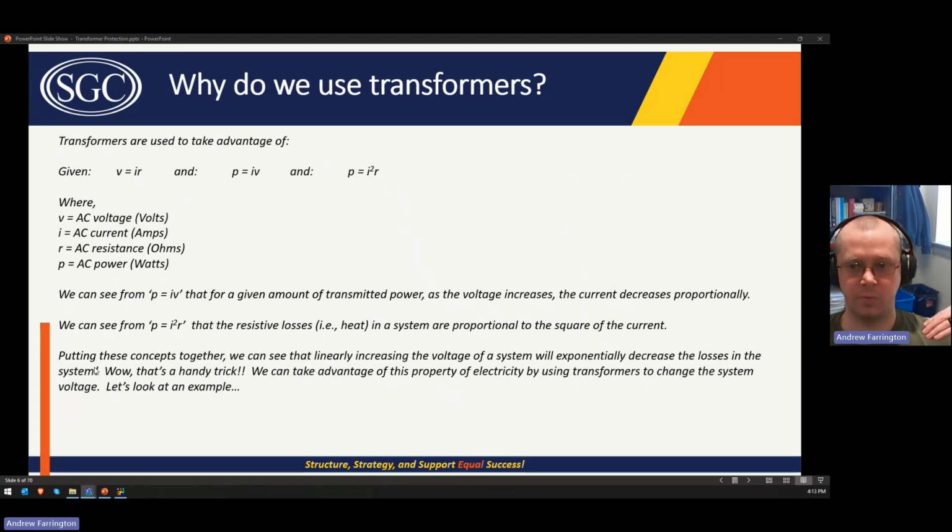And so that's a pretty cool thing about transformers, and that's basically the basis of why we have a transmission and distribution system. The higher voltages are used to exponentially decrease the losses on the system.